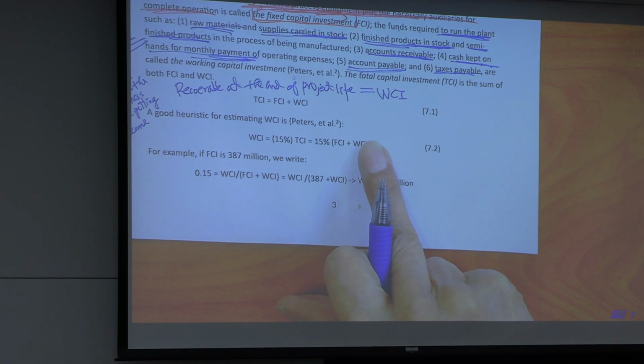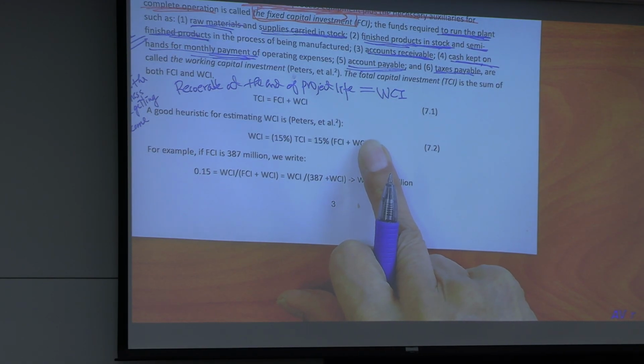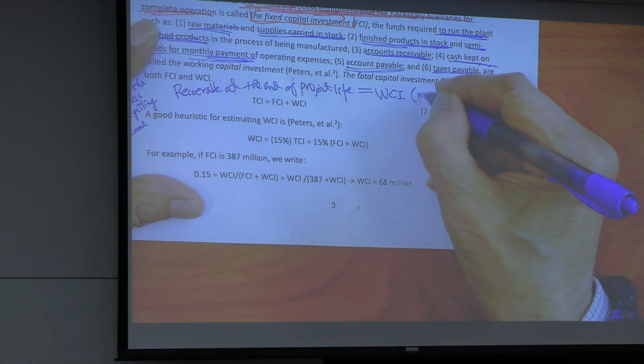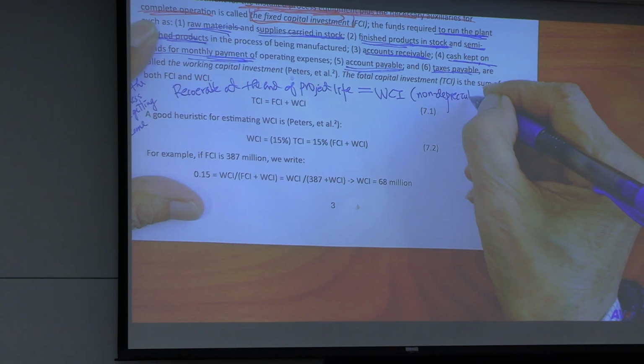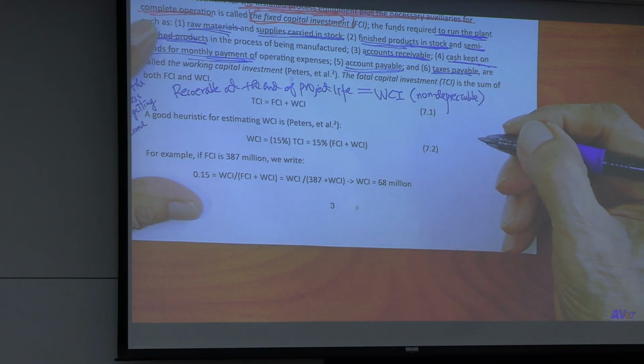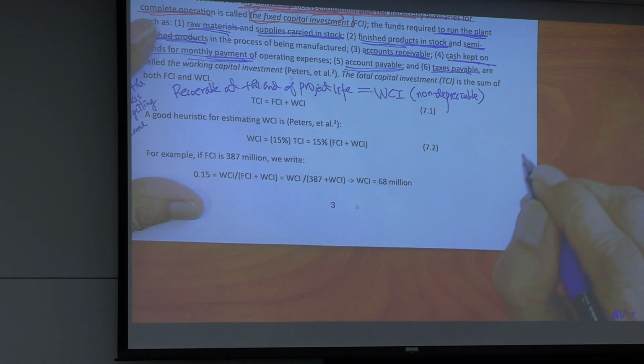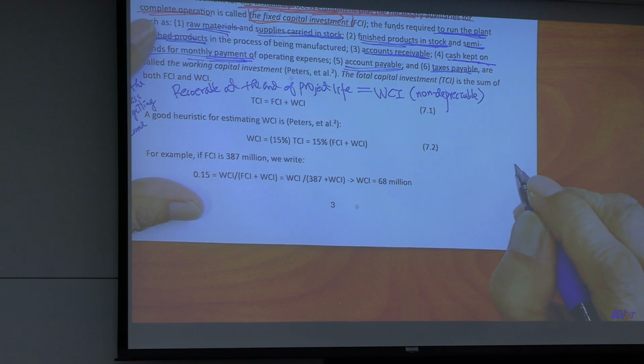That is a crucial statement you need to remember. And not depreciable. WCI is not depreciable. It doesn't get old like process equipment, or facility going old and declining in value.